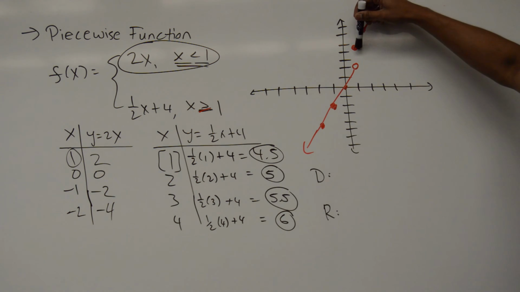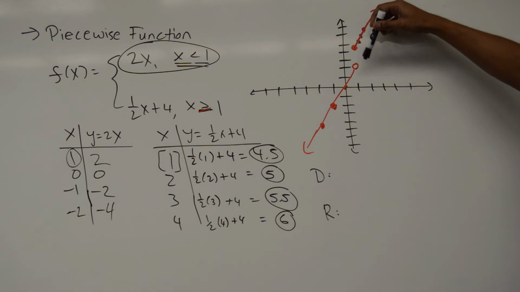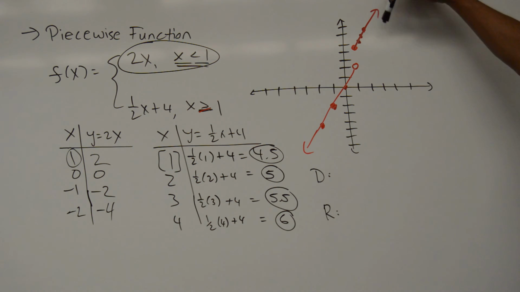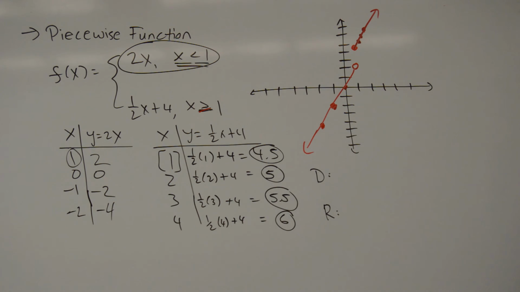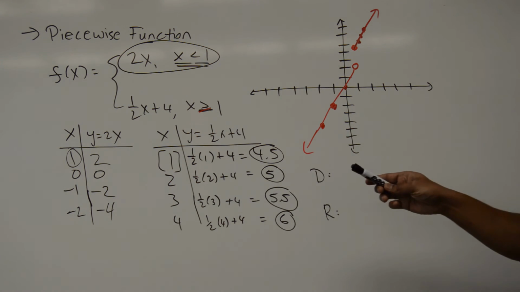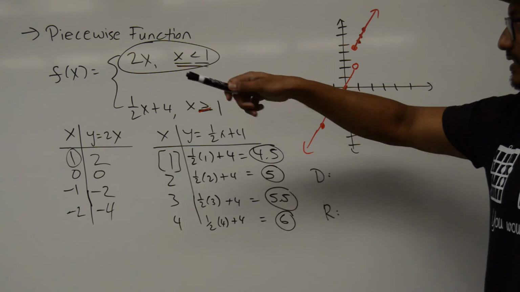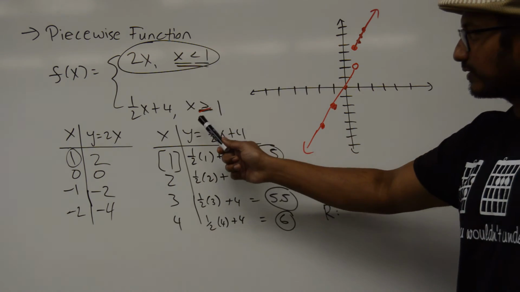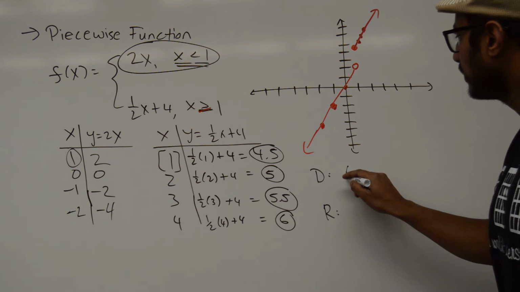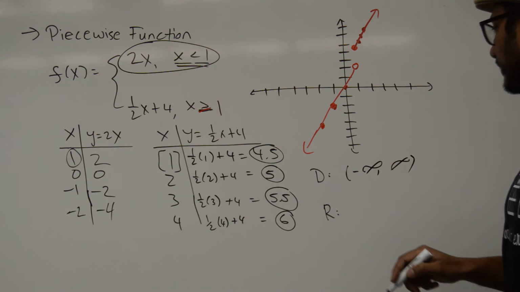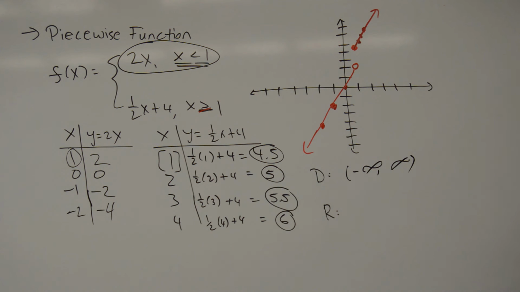So starting at 1, all the values are covered, like 1, 2, 3, 4, they all have y values. So the domain is just negative to positive infinity. All the x's are covered. This function covers everything to the left of 1. This function covers everything 1 and greater. So your domain is going to be negative infinity to infinity. All the x values are covered.